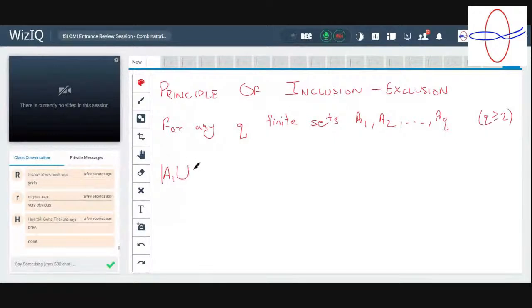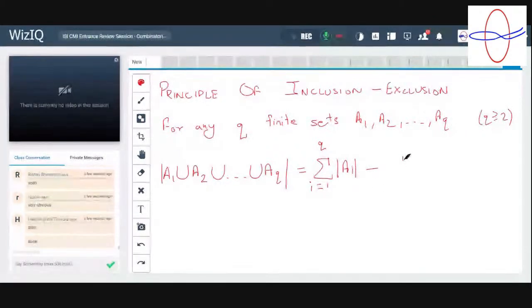The cardinality of A1 union A2 union ... union AQ is given by this very, very long formula. So take the cardinality individually, add them, get rid of the intersections.